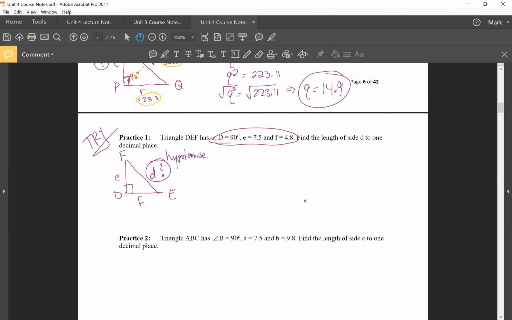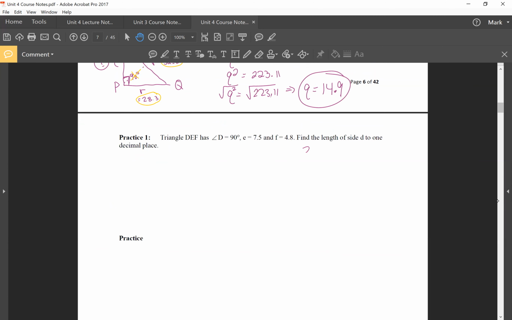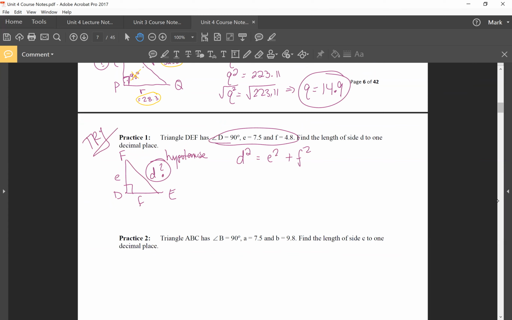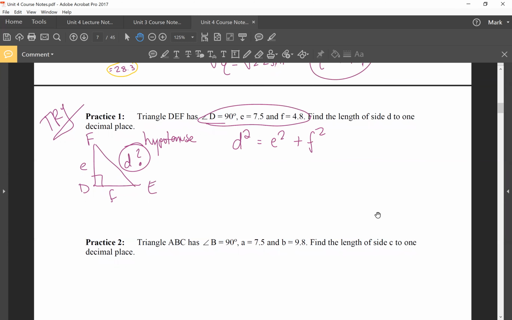So my formula is going to be D squared equals E squared plus F squared. I'm sorry about my screen. I don't know why it's doing that. It normally only does that when I'm zoomed in, but maybe I need to restart my computer. So D squared equals E squared, so 7.5 squared, plus F squared, 4.8 squared.